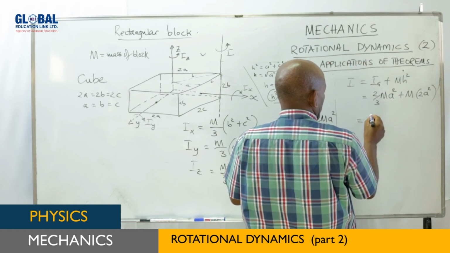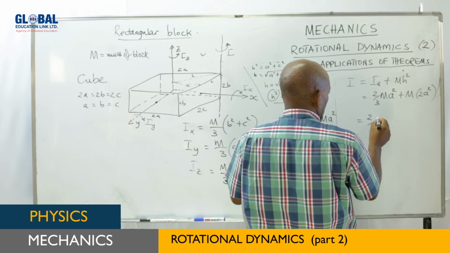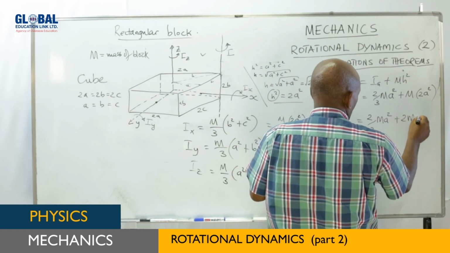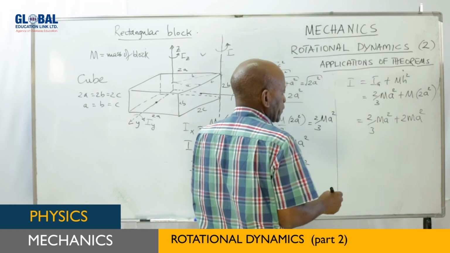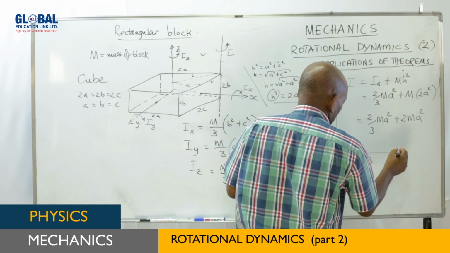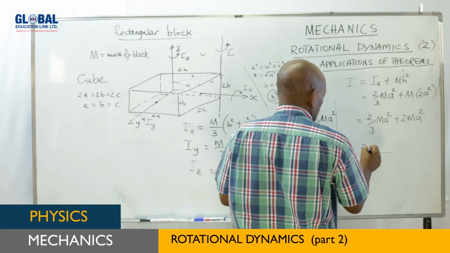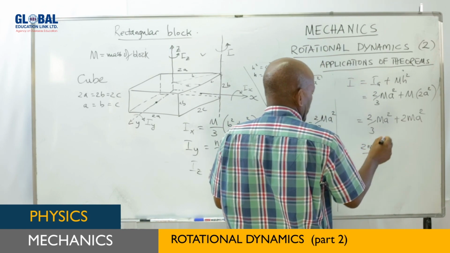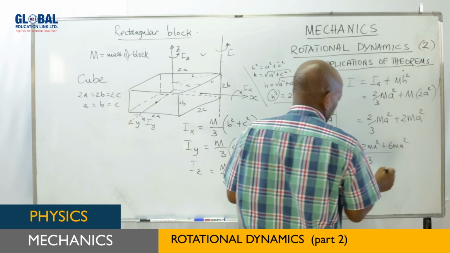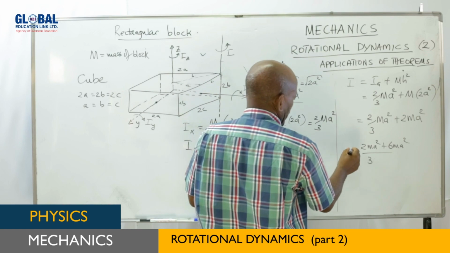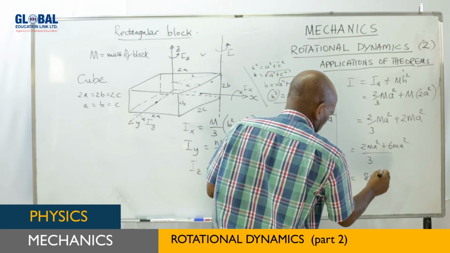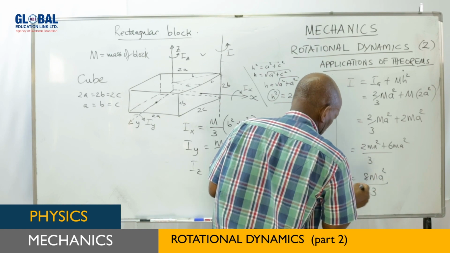That takes me to 2 over 3 m a squared plus 2 m a squared. Over a common denominator, this gives 2 over 3 plus 6 over 3, which takes me to 8 m a squared over 3.